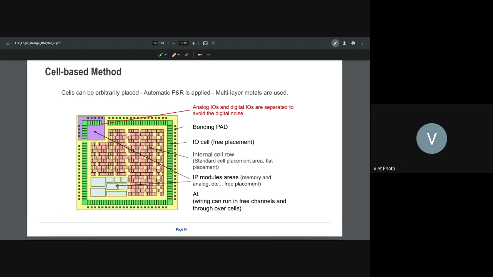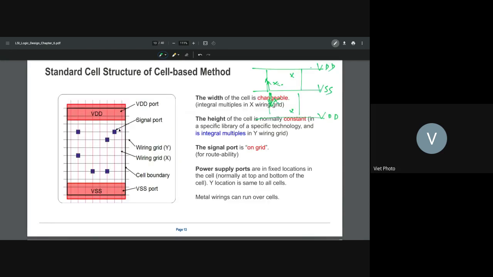So the cell base means that. It defines the cell row, and all the cells need to have the same cell height, or multiple height.